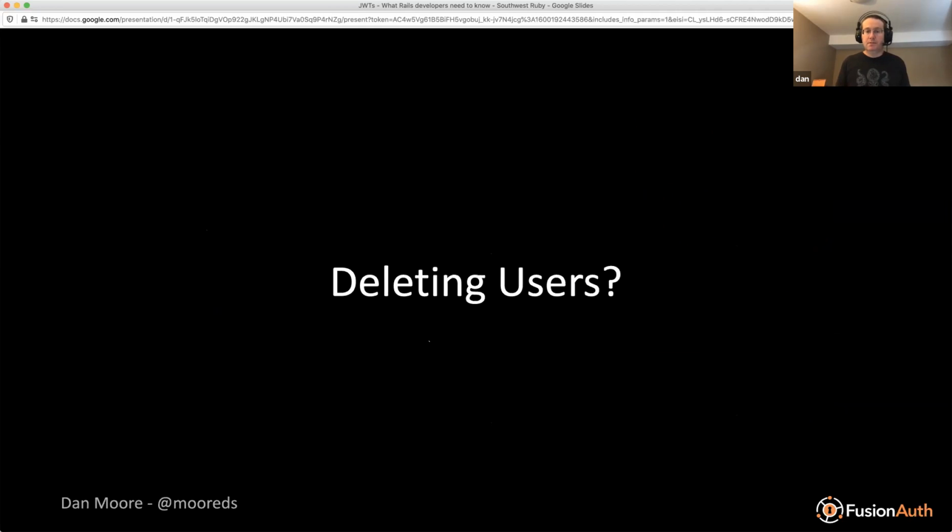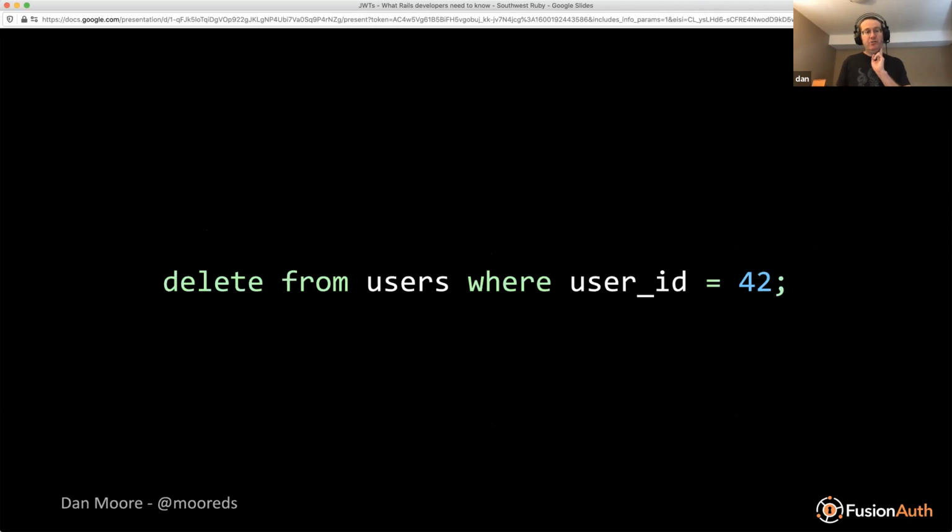All right. So as far as deleting users, if you were in a normal monolith, a Rails monolith, you would just do a delete from users where user ID equals 42. And then you might have an on-delete cascade or some other way to make sure that all the user data was also removed, right?